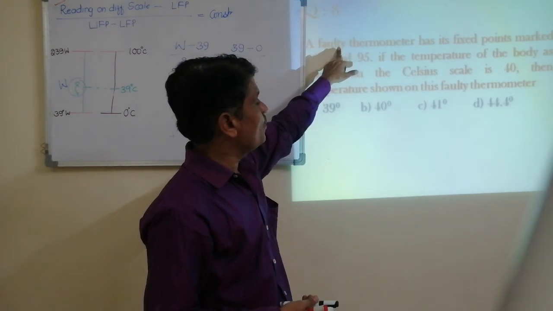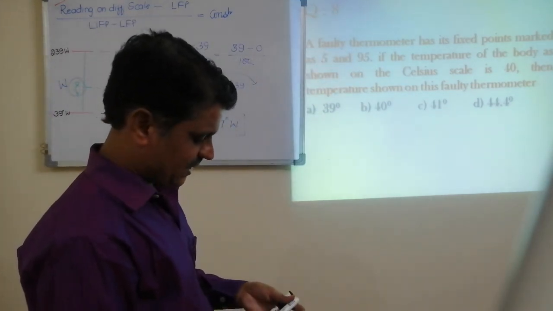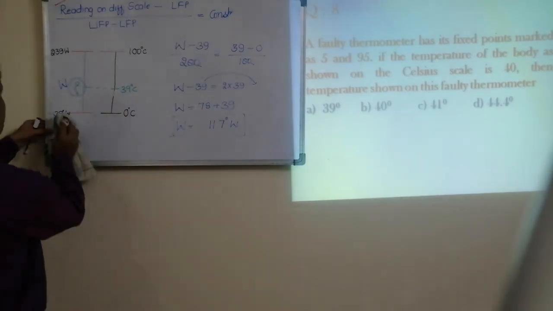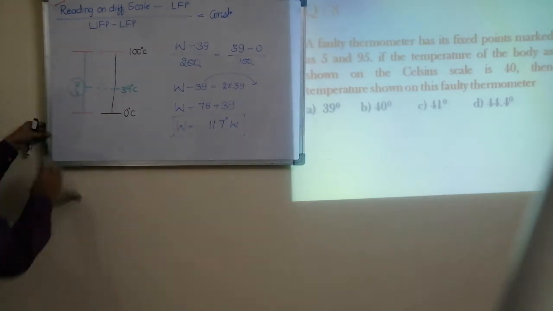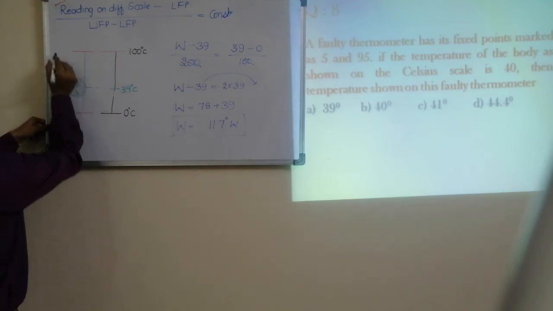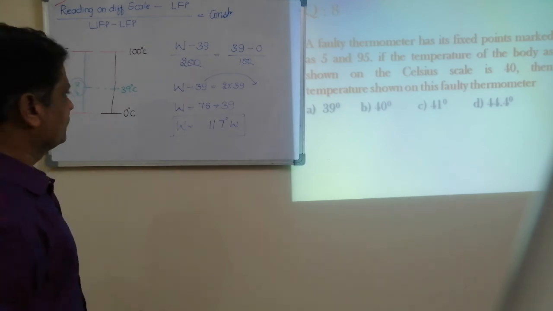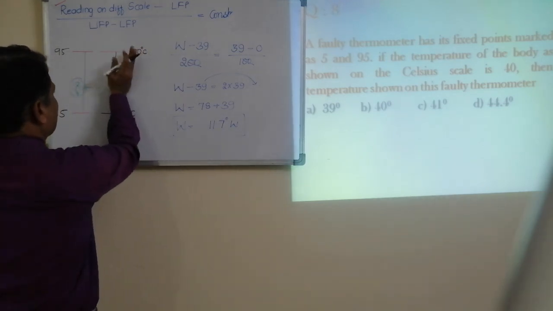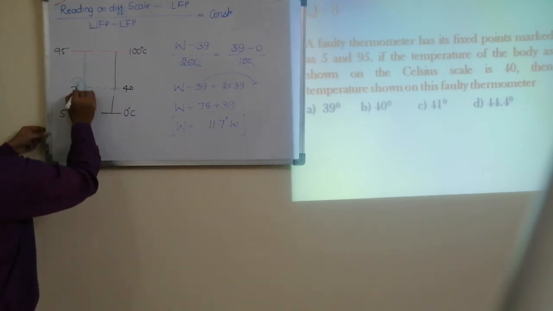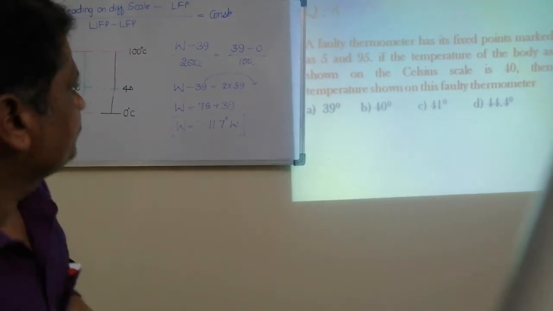This faulty thermometer is taken as one scale, where lower is 5, upper is 95. Here it is taken as 40 on Celsius. So you can take this as the X scale.